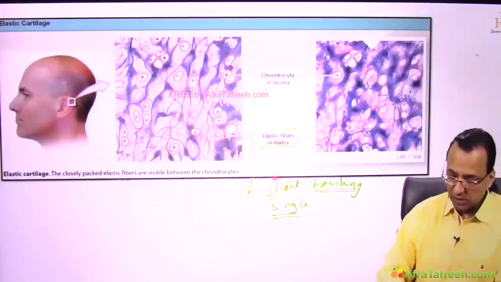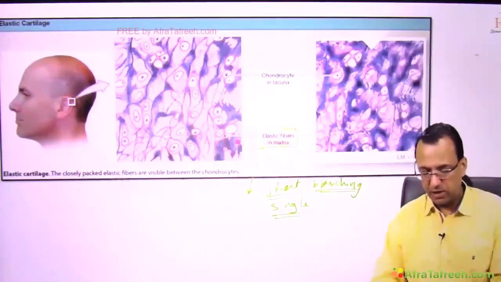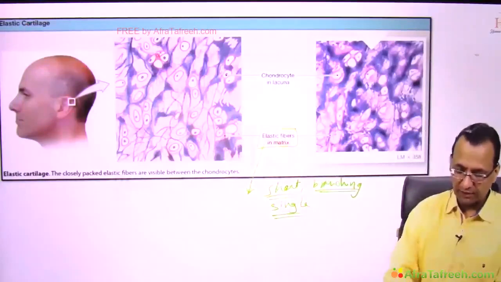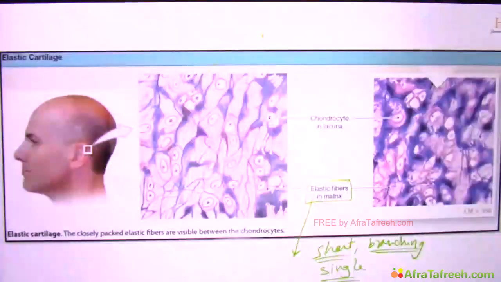So these fibers are short, they run single, and they are branching fibers. This is elastic fibers in elastic cartilage. Chondrocytes are there, of course, because it's a cartilage.